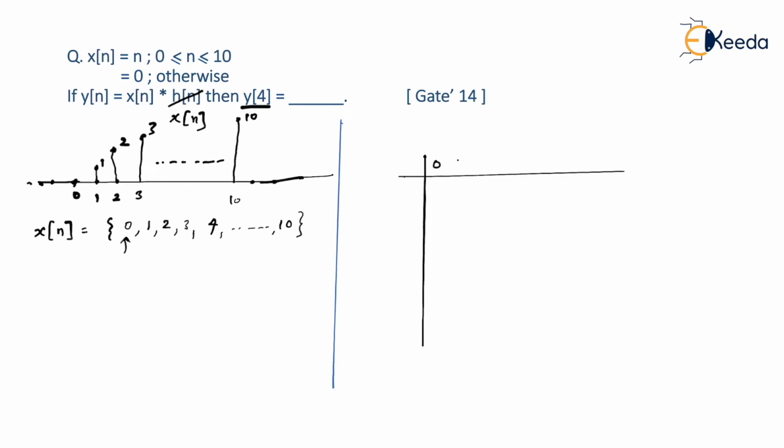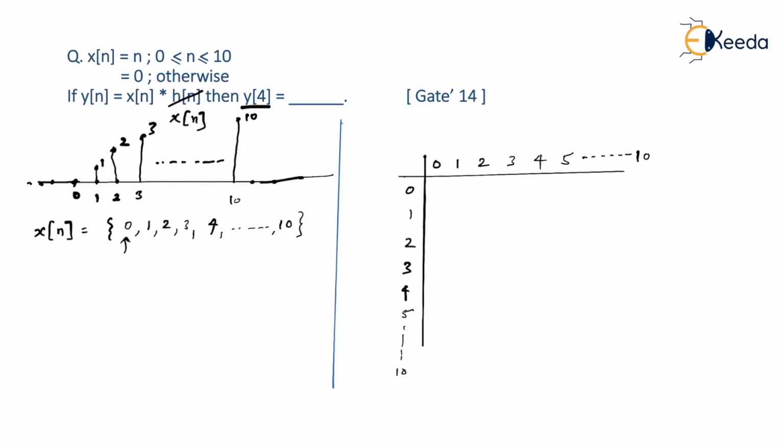What are the values? 0, 1, 2, 3, 4, 5, and so on, going up to 10. And here I'll be writing same x of n, 0, 1, 2, 3, 4, 5, and so on up to 10. So just go on preparing the table.